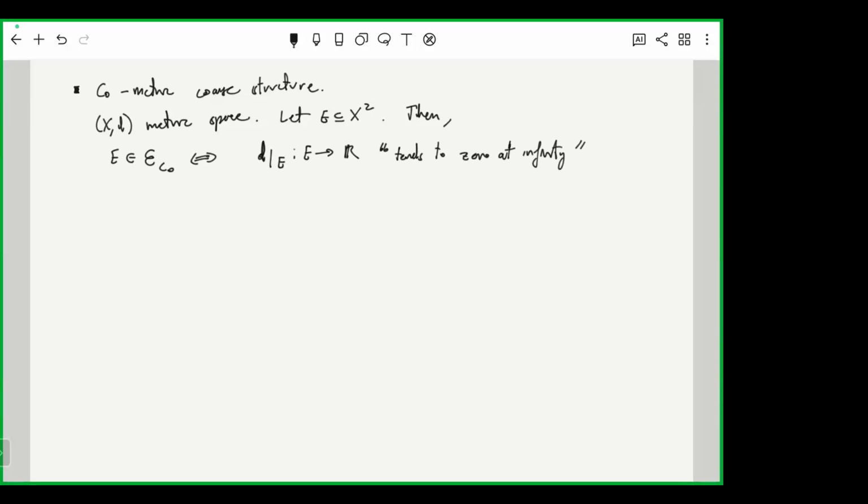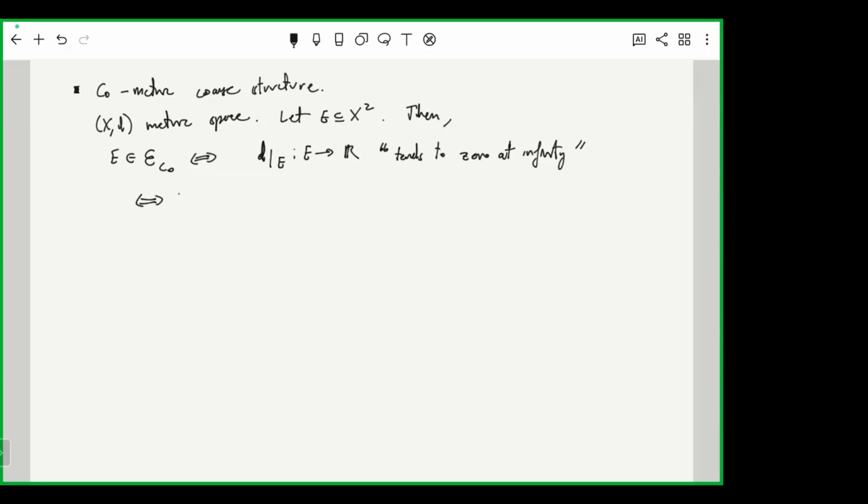So this is the geometrical idea. The distance between points is very close to zero when I'm far away. I need to formalize this. So being far away is being outside of compact sets, right?